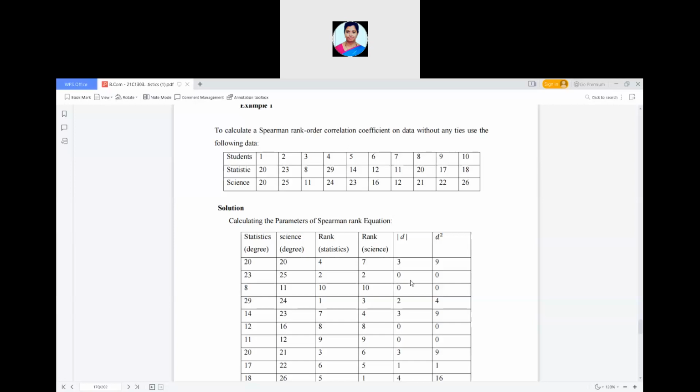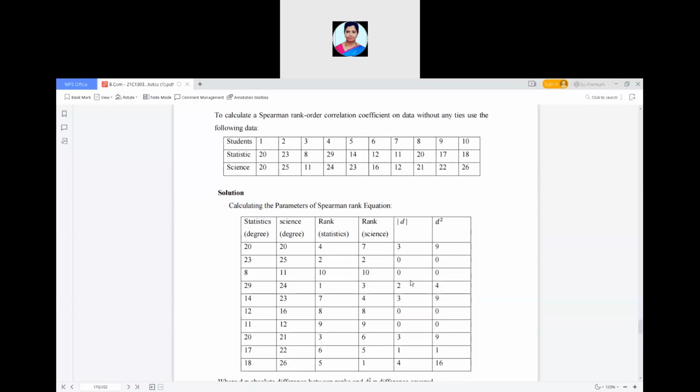In statistics, 29 is the maximum, so we are giving it rank 1. The next number is 23, so we give rank 2. The next is 20, so we give rank 3.